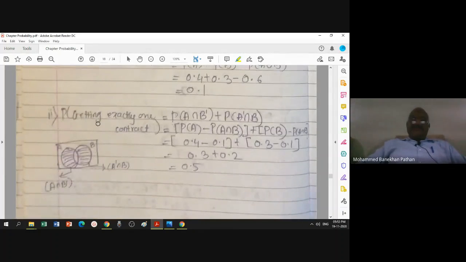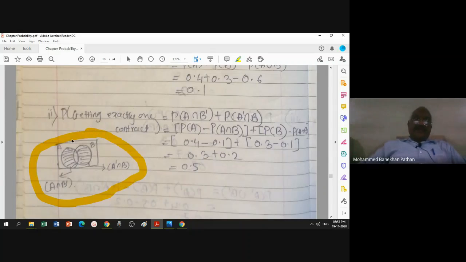Now the second bit is the probability of getting exactly one contract, not both, exactly one. That means either plumbing, if not electric, not both. When I say exactly one, you can understand from this Venn diagram. This is the complete possibility space. I have two events, that is two contracts. I want only A, that means this area.